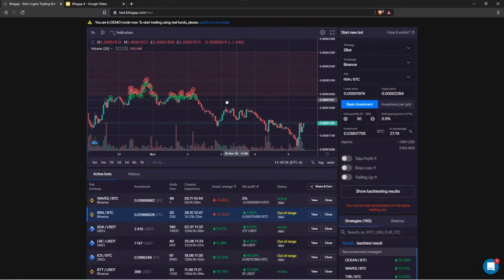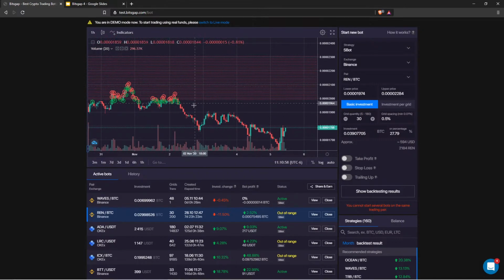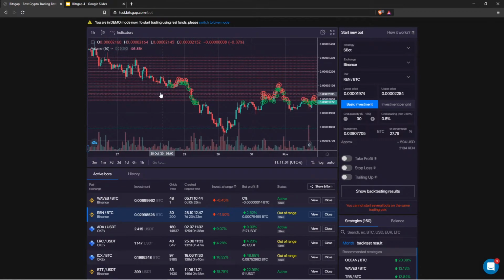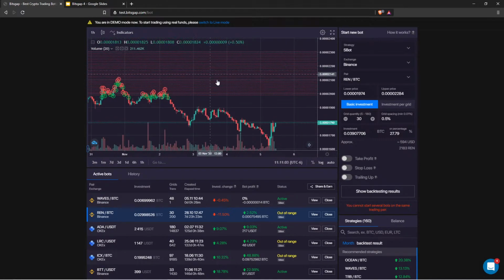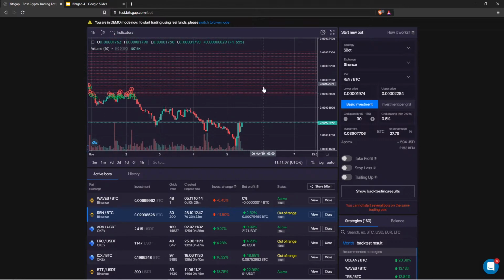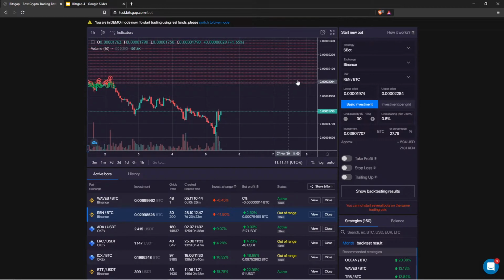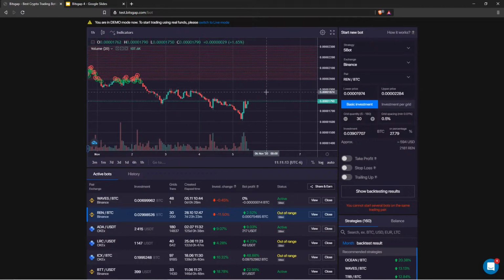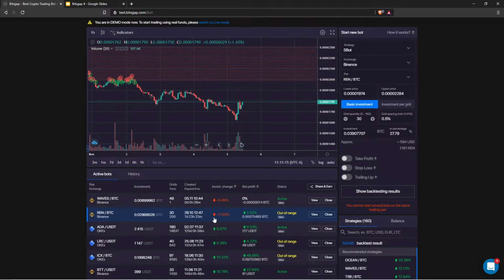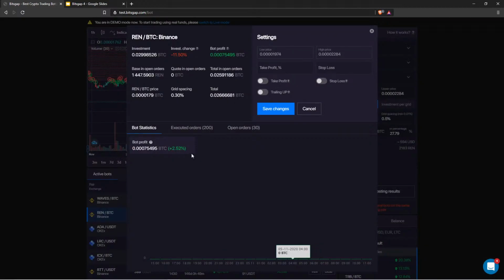So all of the RENs purchased at the time of the initiation of this trade just got stuck here, and the bot is actually waiting for the price to return in order to execute all of these trades. Meanwhile, it stays below the trading range, and that's why my investment change for this bot is negative.